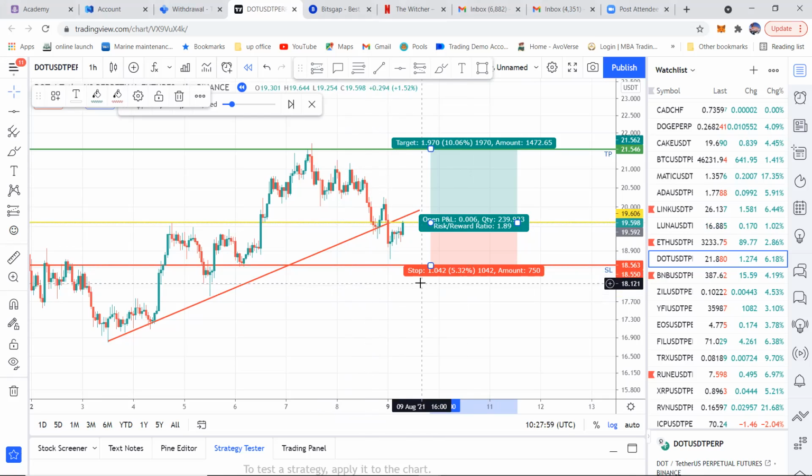If we were doing a 10 times leverage trade, then from here down to here, being just over a 5.3% drop in value, on a 10 times leverage trade that would equate to 53.2%, so just 10 times that, a 53% loss of however much capital we're allocating to that trade. So if we're trying not to lose any more than 1%, then we would want this figure to be no more than $10.